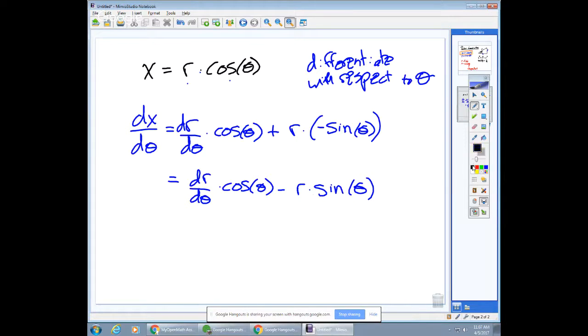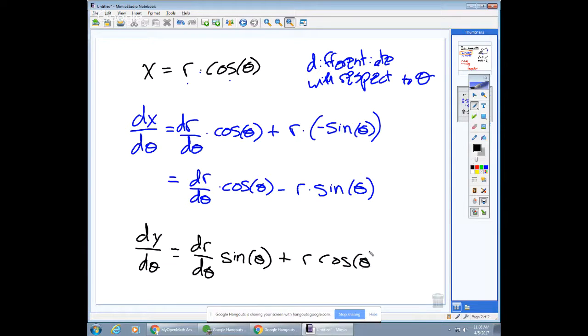Similarly, if we did that to the equation y equals r sine of theta, we'll get dy/d theta is equal to dr/d theta times the sine of theta plus r cosine theta. And it turns out these are going to be important relationships.